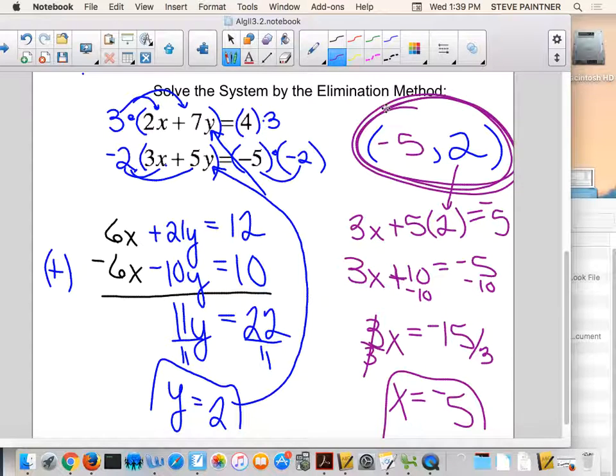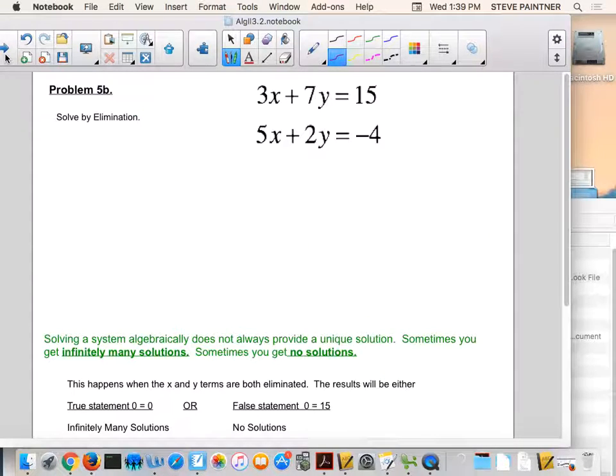All right. Go to the next page and that's yours. That's all you. Go get it. Start with getting opposites. Either get rid of the x's or get rid of the y's.